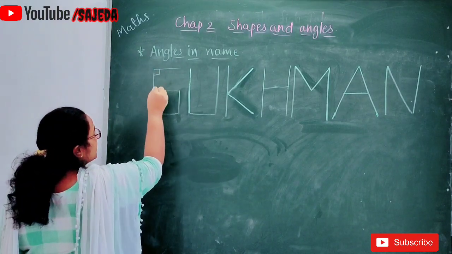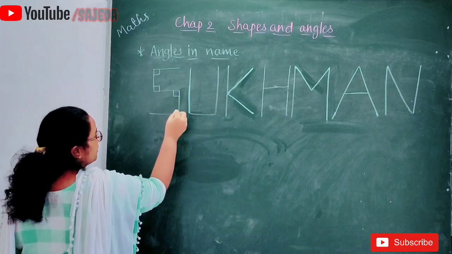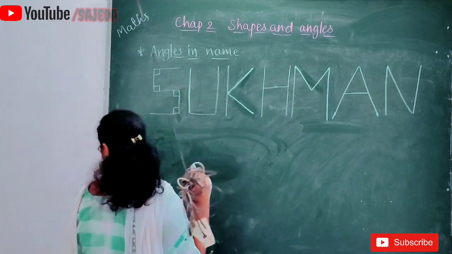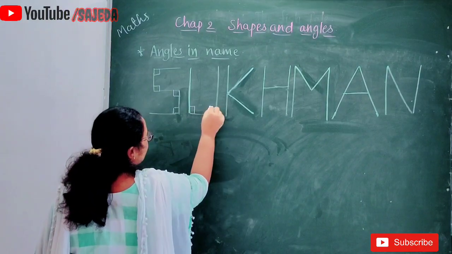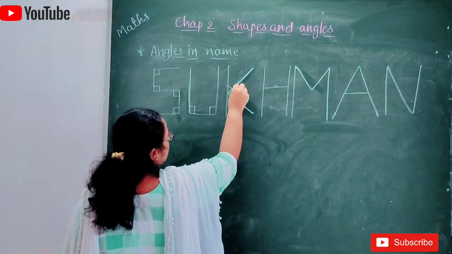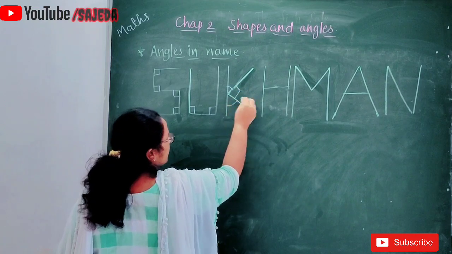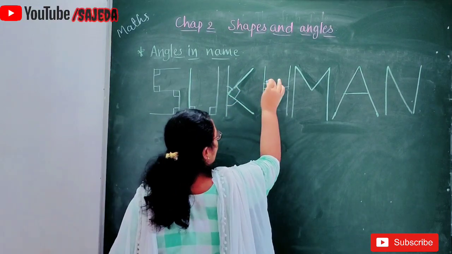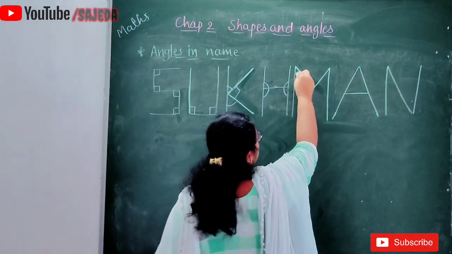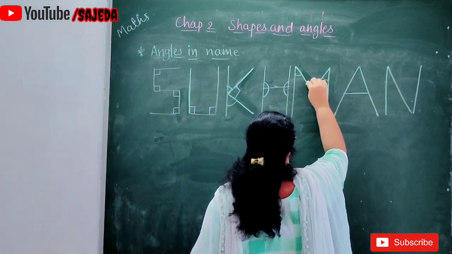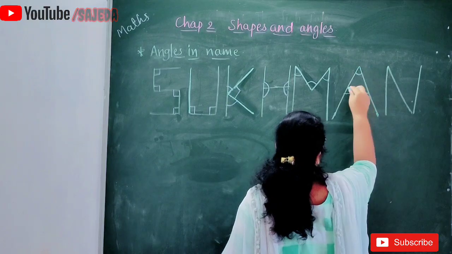So I will draw angles here. Here angles are not given, that's why I am drawing angles here, and there is a reason behind it. I will explain what the reason is.